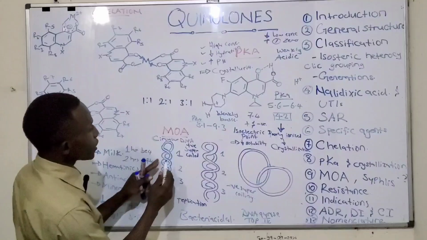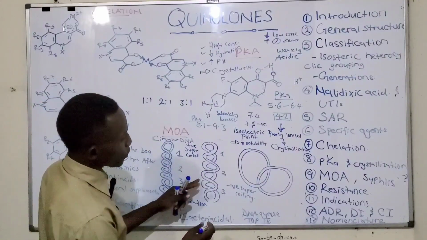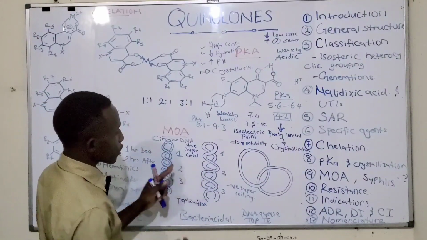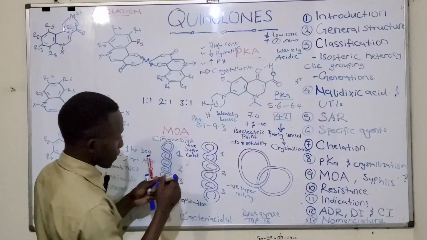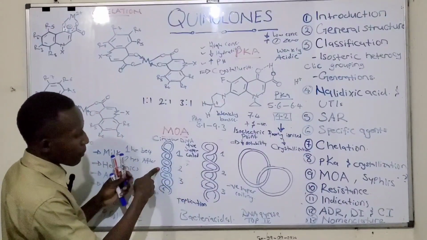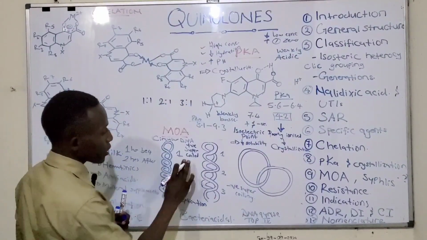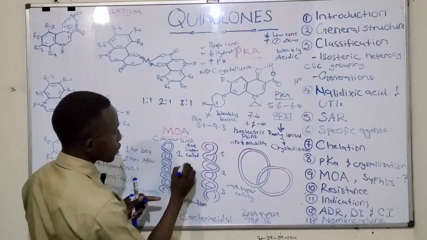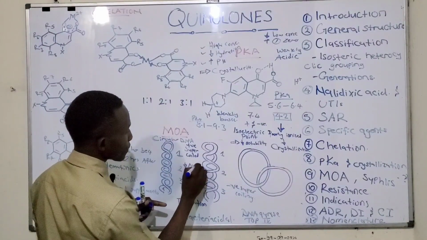So this is what DNA gyrase does to ease the replication, to reduce the breaking. Because if you pull and reach a point, there will be damage to the DNA. So it reduces the DNA damage.